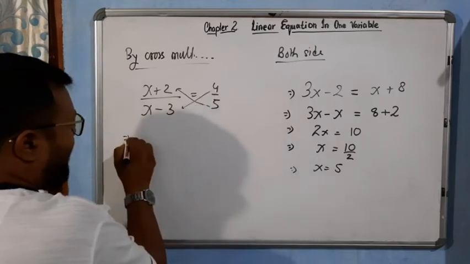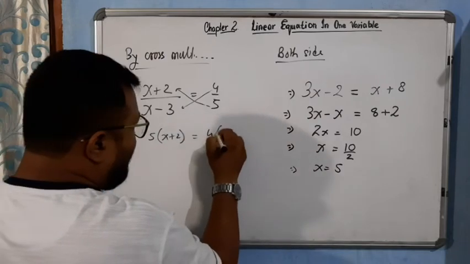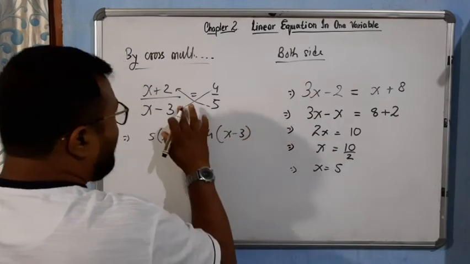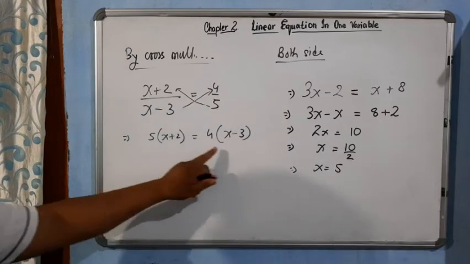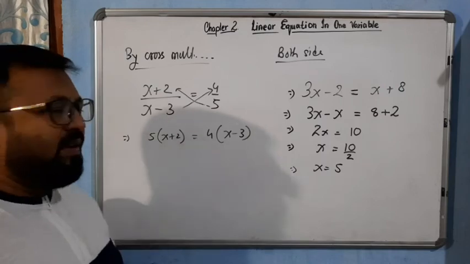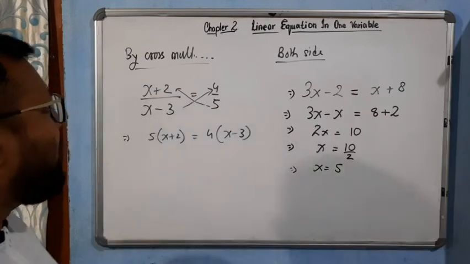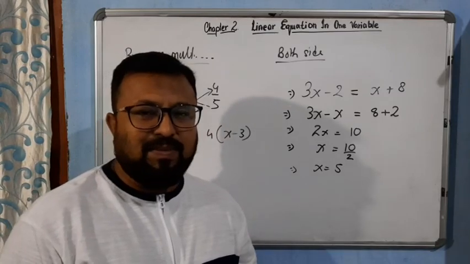See how we write: 5 into (x plus 2) equal to 4 into (x minus 3). After we multiply, we make it into an equation and find the value of x. I hope you have understood this very nicely. Now let's come to the exercise part. Thank you.